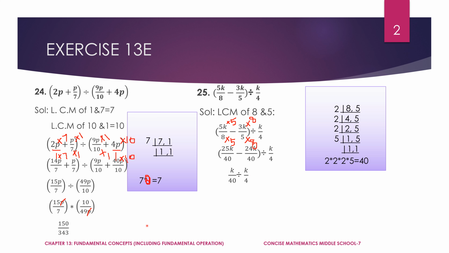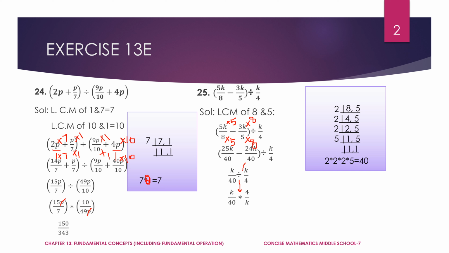I have just said a thumb rule in this expression while dividing the fractions. What is the thumb rule? This division becomes multiplication and this second fraction will be reciprocal. Right? See, division has changed into multiplication, because we are dividing the two fractions.